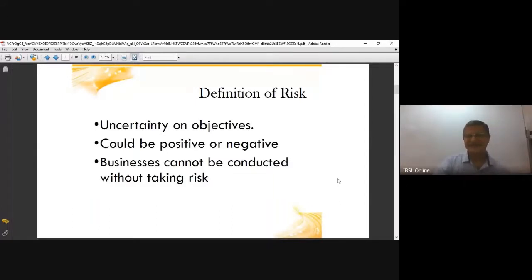We say we take calculated risk. So my understanding is that our subject, risk management, is to do those calculations and see that your objectives are achieved and you get positive results.